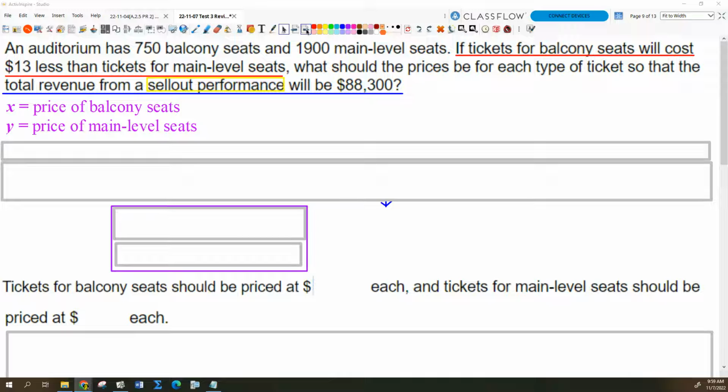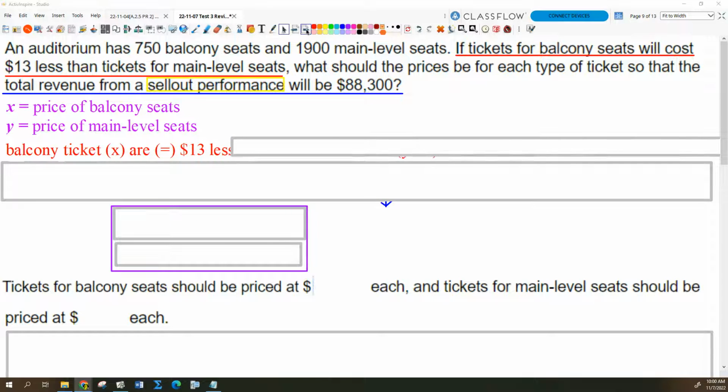Okay. All right. So now I've got 2 variables. So I need 2 equations. Let's see, Mackenzie, how about the red sentence? Is there a way to turn that into an equation? Balcony seats will cost $13 less than main level seats. Okay, good.